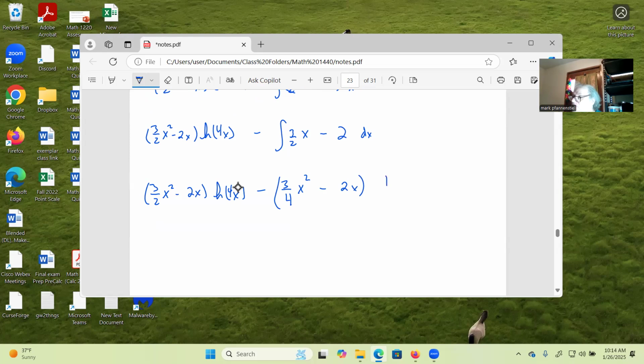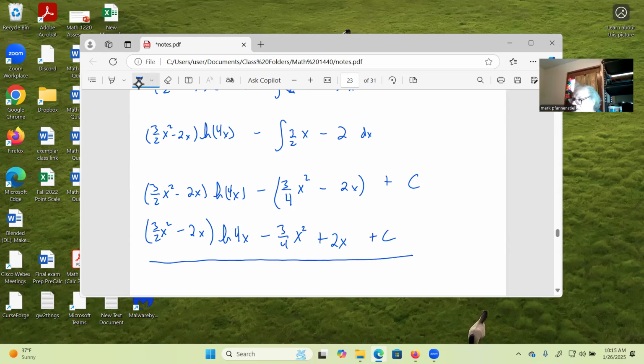And then when we're about done, we give it our plus c. So just to clean this up, one more line here. Natural log of 4x minus 3/4 x squared, minus a positive is a plus 2x, plus c. And that's the way you want to do this integral.